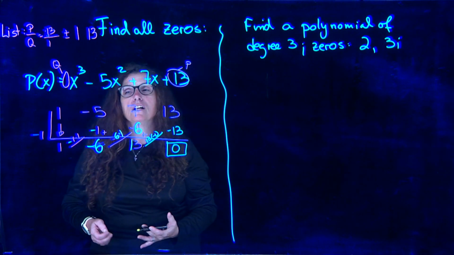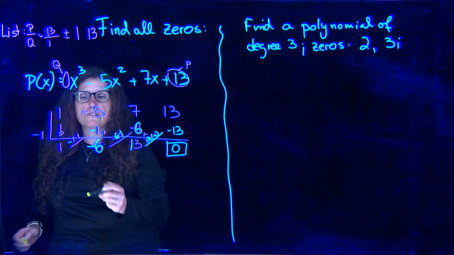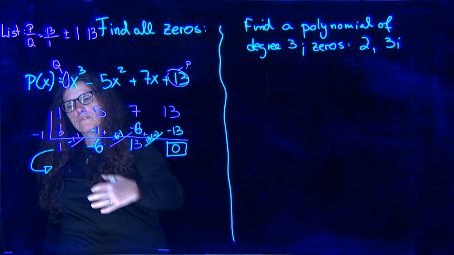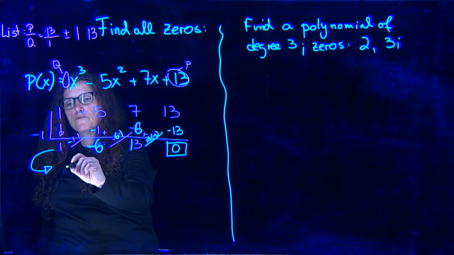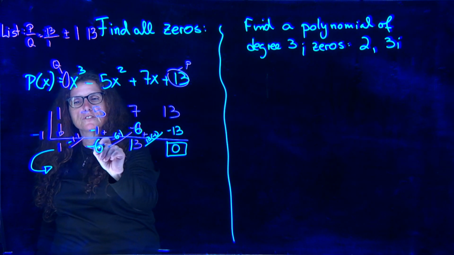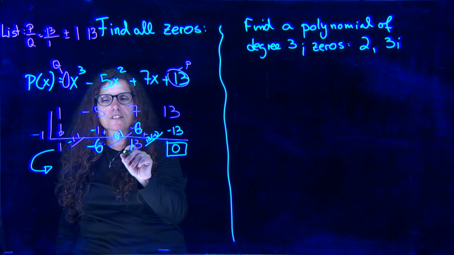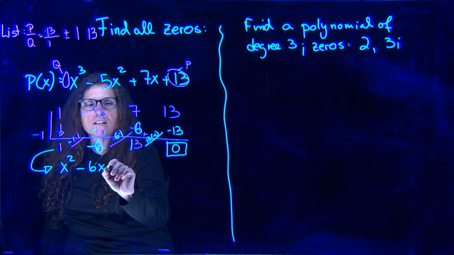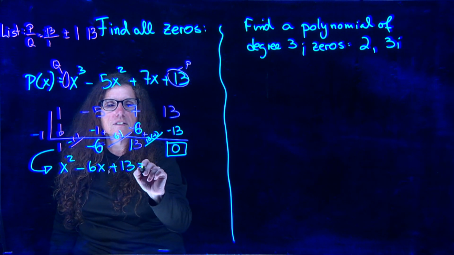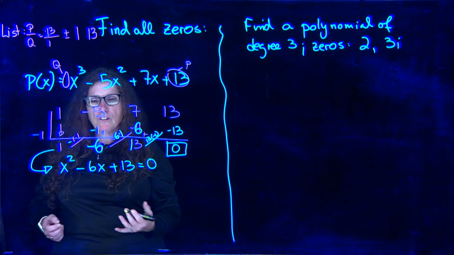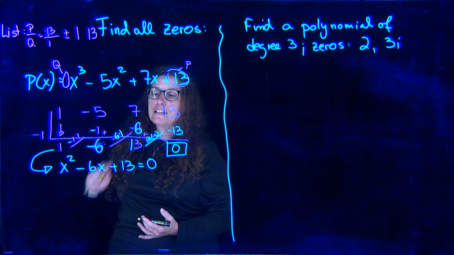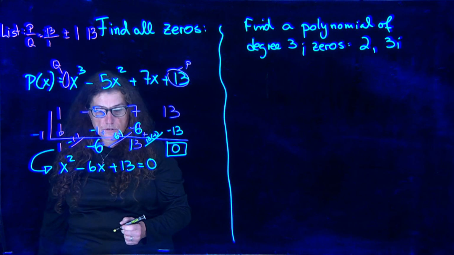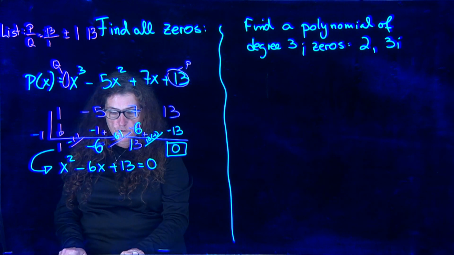So now we found our first 0. We bring our 1 degree less polynomial back with the variables. So the coefficients are right here with 1, -6, and 13. X squared minus 6x plus 13 equals 0. You can clearly see that I cannot factor this trinomial. Now I'm going to have to use the quadratic formula.